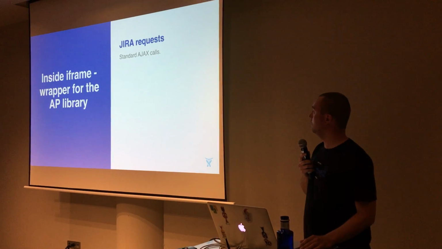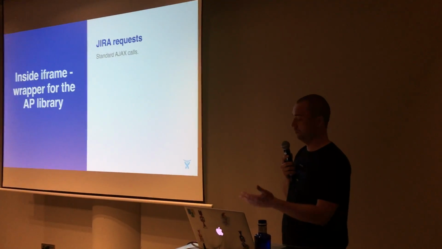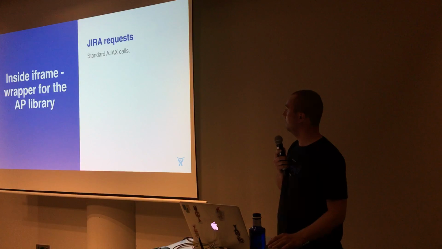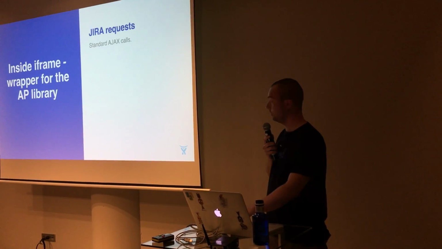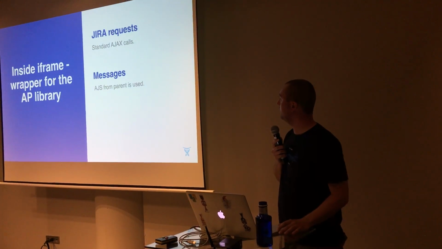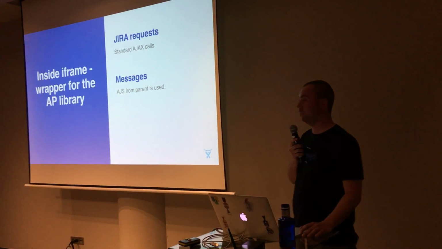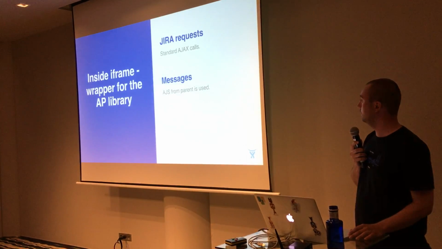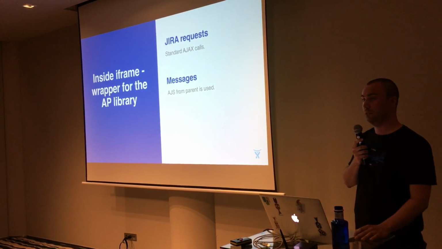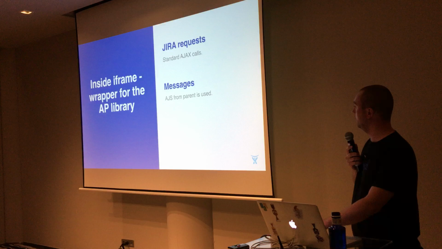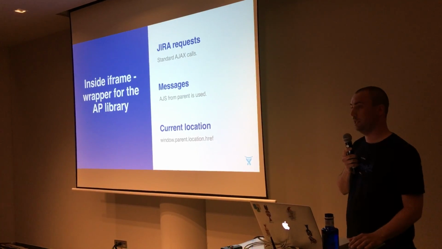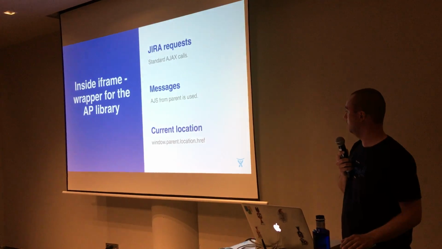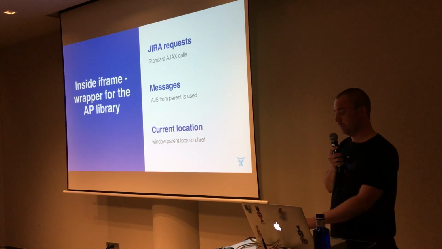We use AP.request on Connect, but inside this wrapper we have to change the implementation to just standard Ajax calls for JIRA Server. Messages: we actually go to the parent of this iframe and use the AJS library that is available in JIRA. And current location: again, we just go to the parent and get the location.